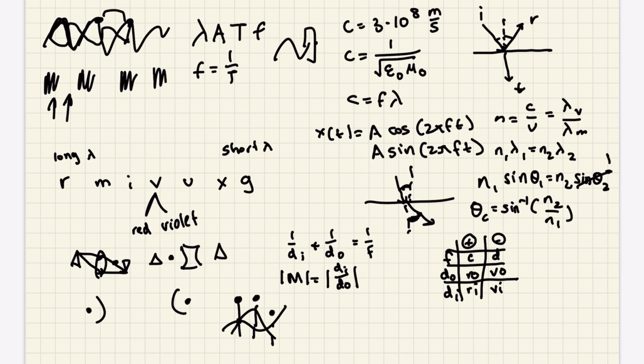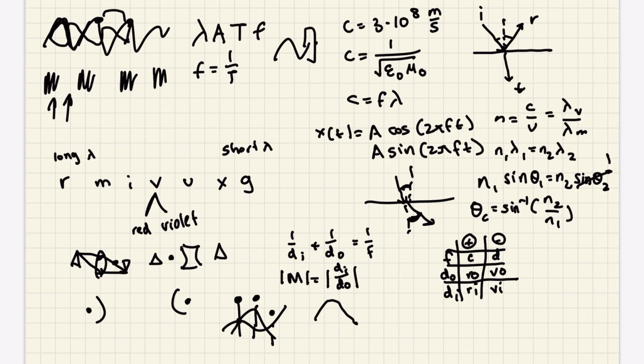And if the distance between the two sources is exactly one wavelength, then it's going to be completely constructive interference. So it looks something like this. If that's one wave, and then this is the other wave, that looks something like this. This continues on as well. But if it looks like this, then it's going to be completely constructive, because at each point they add together to make it even bigger.